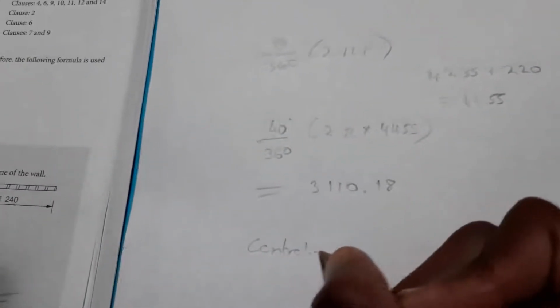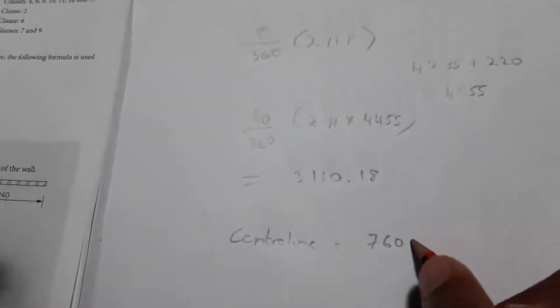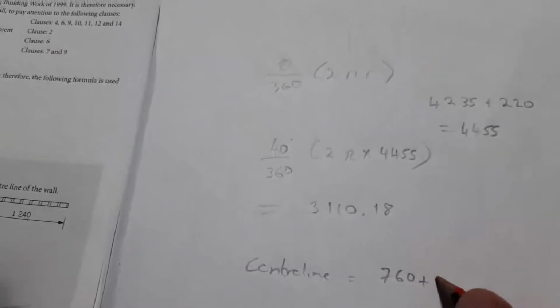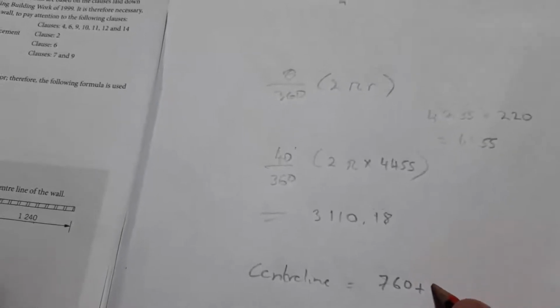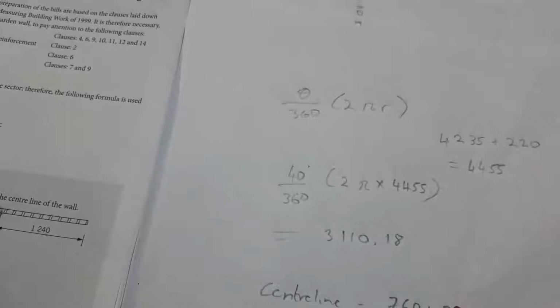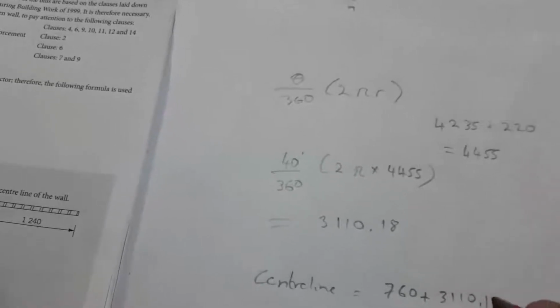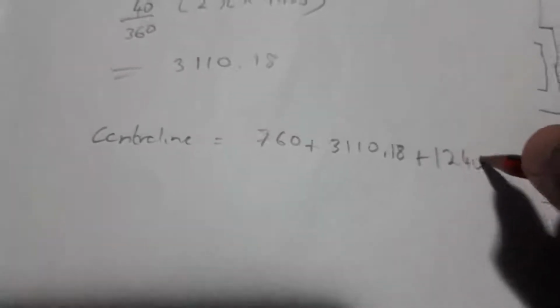So the center line will be 760 plus 3,110.18 plus again 1,240.